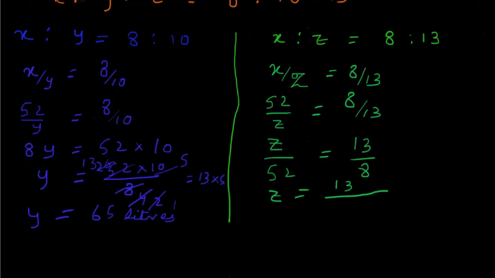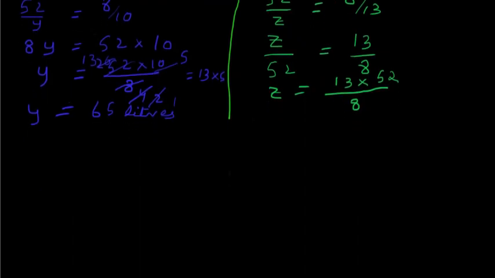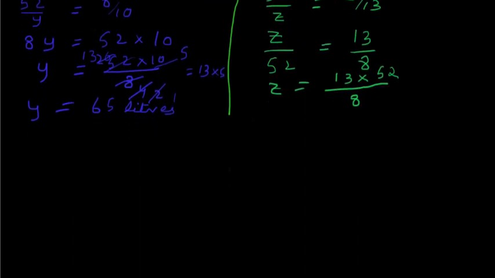Now Z will be equal to 13, this side becomes 13, and 52 gets multiplied with that one, divided by 8. Using some tables and using 2, 2 fours are 8, and 26, again 2, and this leaves me 13.